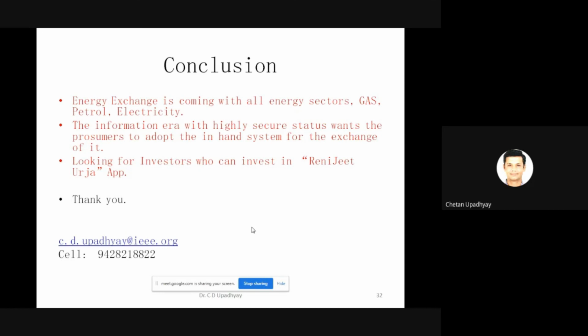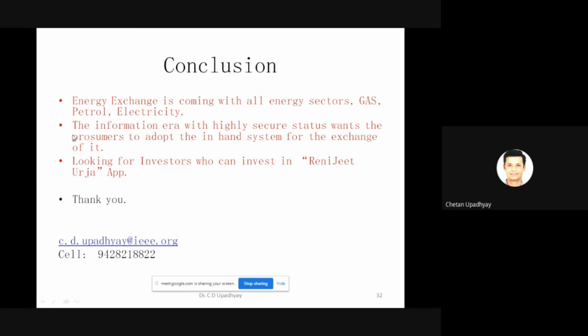So I conclude that energy exchange is coming with all energy sectors. When we say energy, it includes gas, petrol, electricity, and many other things. The information era with highly secure status wants the prosumers to adopt an in-hand system for the exchange of it.